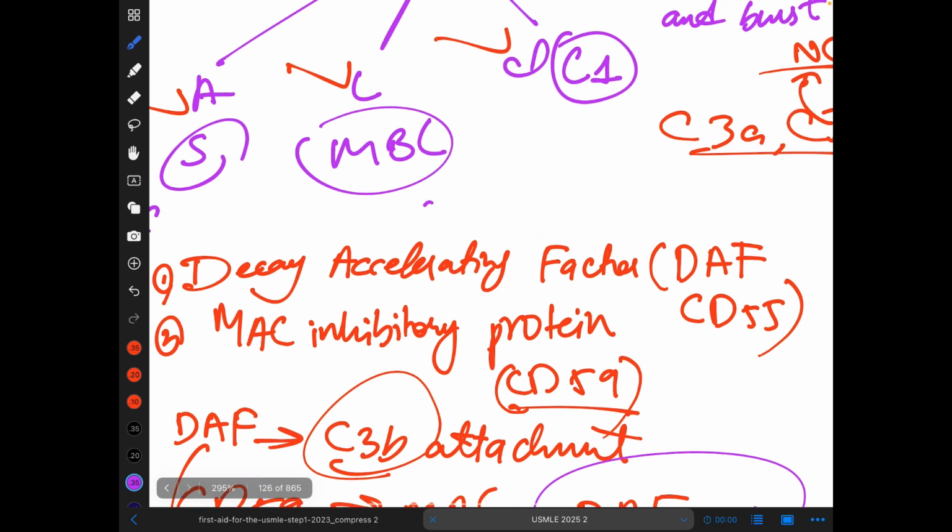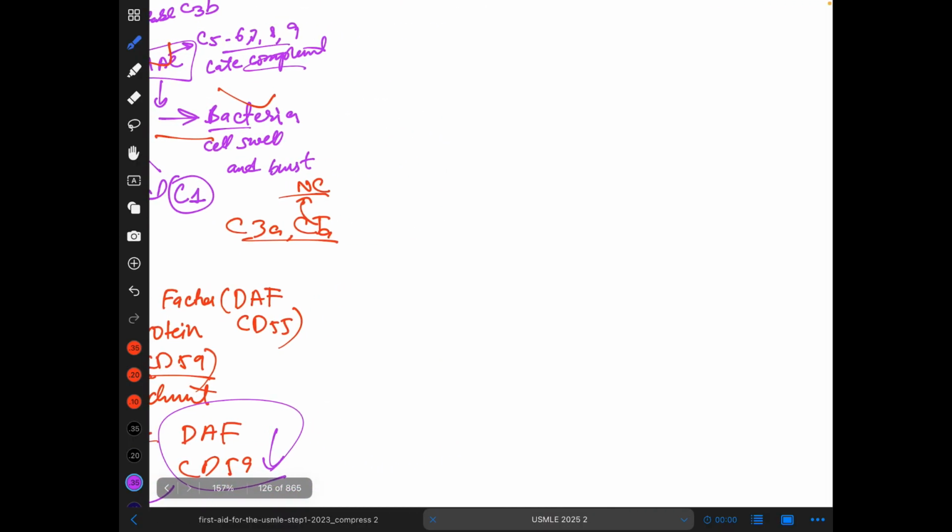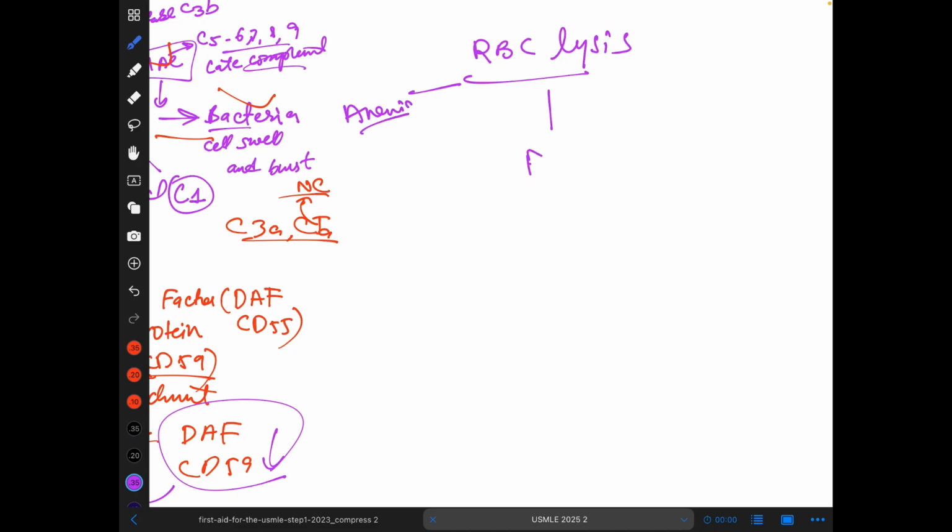In that disease, due to that factor there is RBC lysis, and due to this RBC lysis there will be anemia, the first thing you know, and second there will be free plasma hemoglobin, which can cause thrombosis. And secondly, we also have hemoglobinuria.